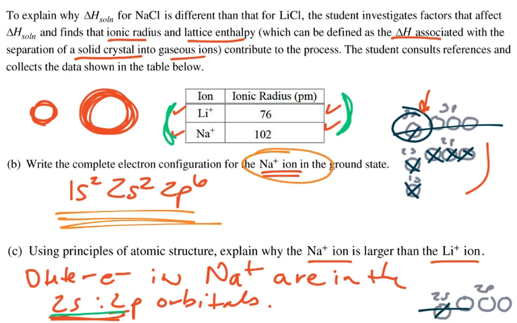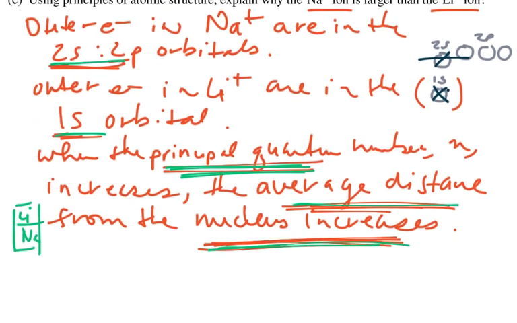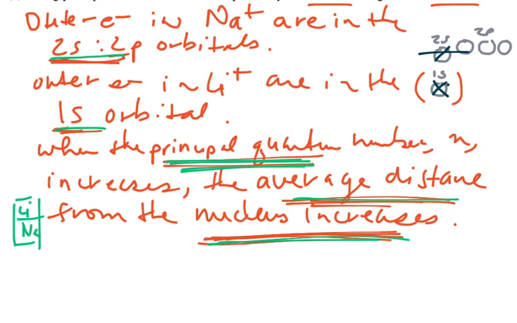And then we had to go back to this part here, explain why, and this is worth 1 point. So we had to notice that the electrons were coming from a higher value of n, higher principal quantum number, and why does that make a difference? As the principal quantum number increases, then you get farther from the nucleus.